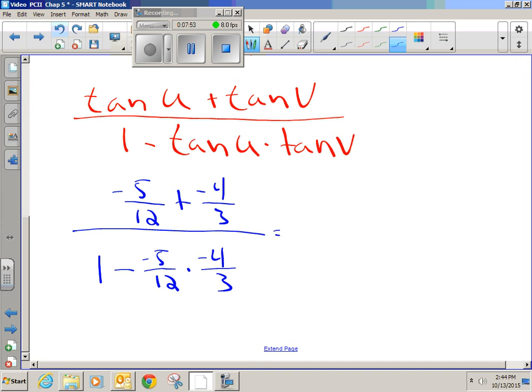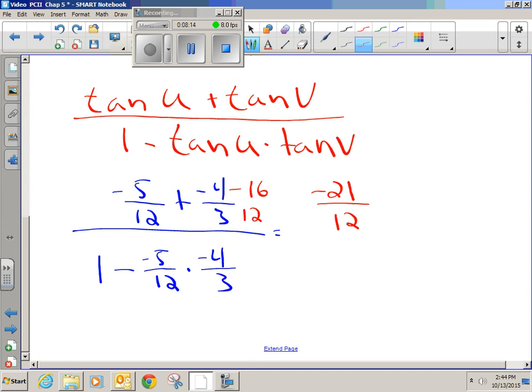Up top now, I'm going to get a common denominator of 12ths. So this is going to be times 4, -16/12. So I have -5 minus 16, which is -21/12. On the bottom, I'm going to start by multiplying.